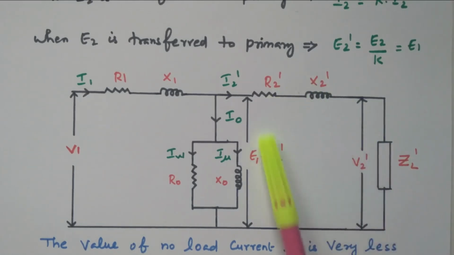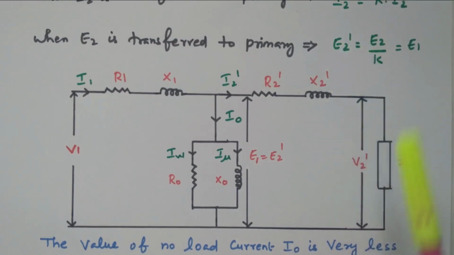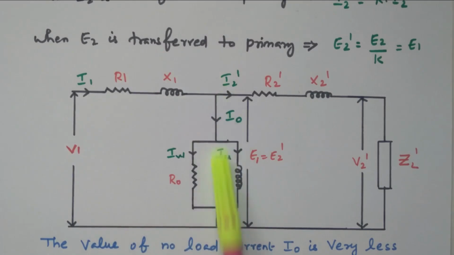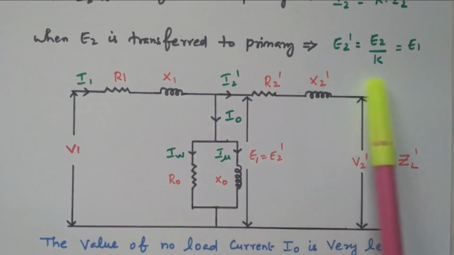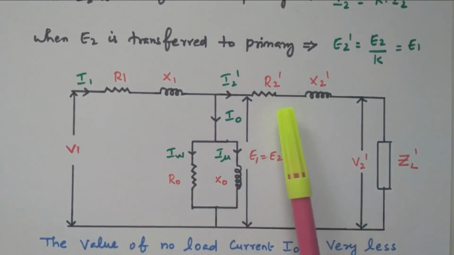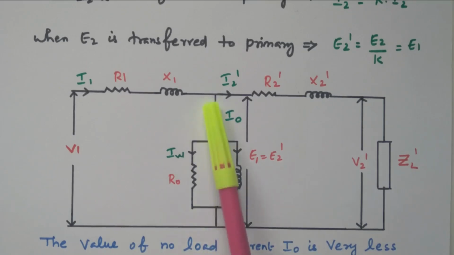This equivalent expression we already calculated. Now we have only one side, the primary side. These are the primary side parameters, these are the equivalent secondary side parameters R2 dash, X2 dash, and this is the no load component I naught. Now we have only one side.